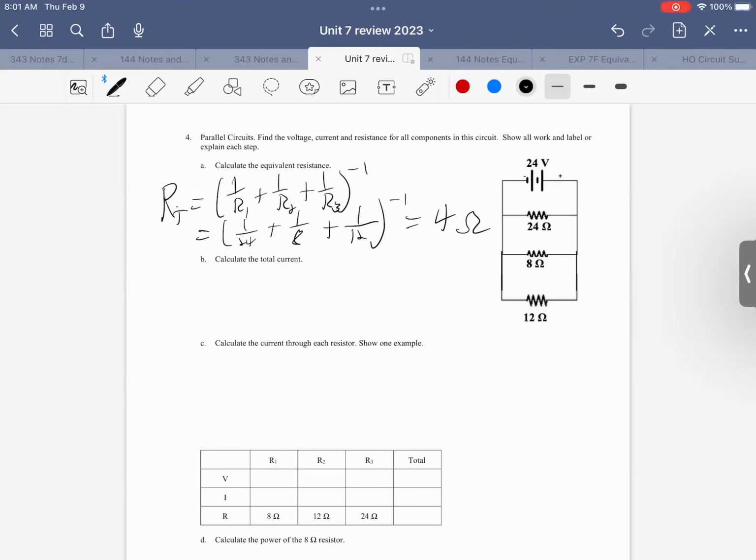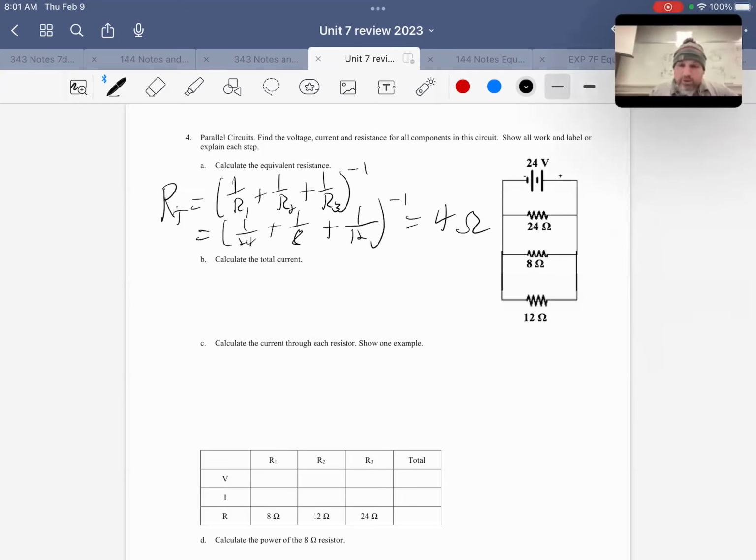Now that I've reduced it to one resistor, it's just V equals I times R for the whole thing. I can see that it's 24 volts. All right, current's what we're looking for, and the resistance is 4, so it's a current of 6 amps.